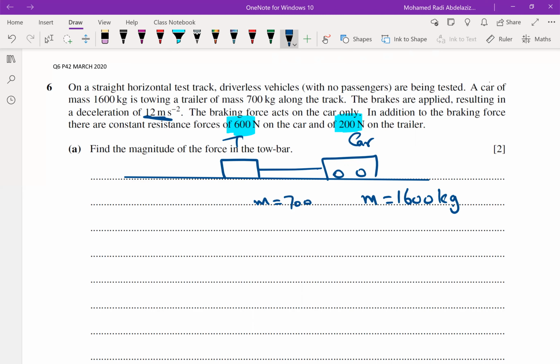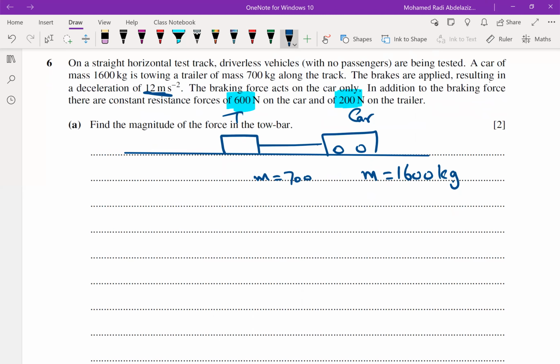We can start to write the equation of the car, or the equation of the trailer, or the equation of the system. But it's clear now I need only the tension. So if we write the equation of the trailer, all the forces in the direction of motion: T minus frictional force, or resistance of the trailer, is equal to ma.